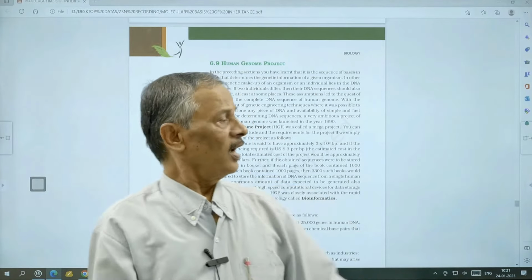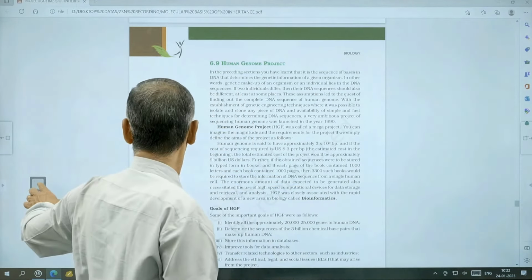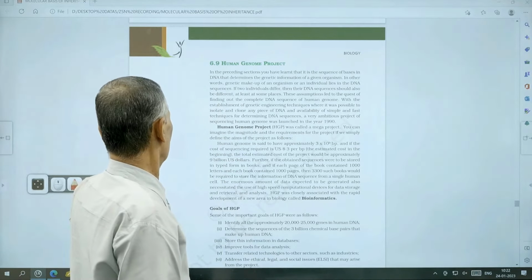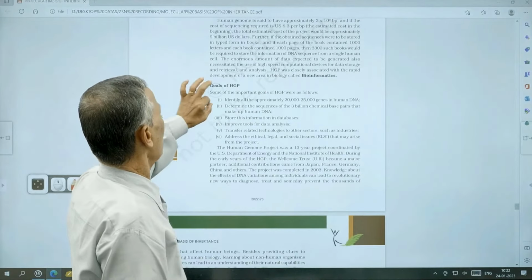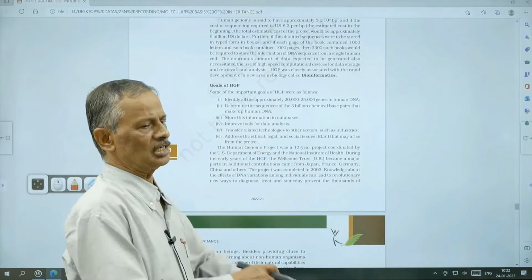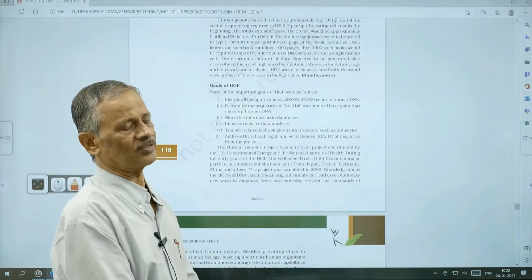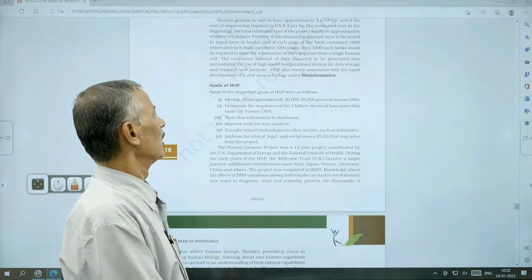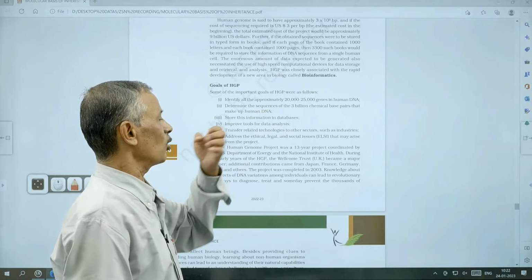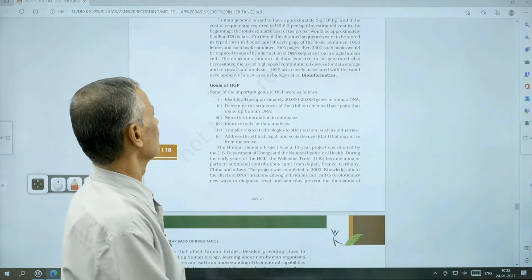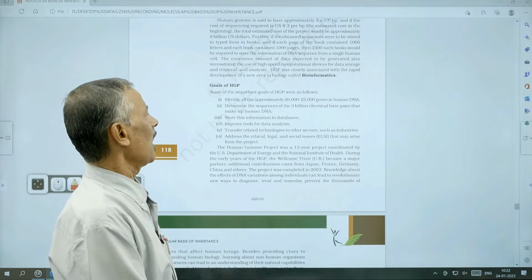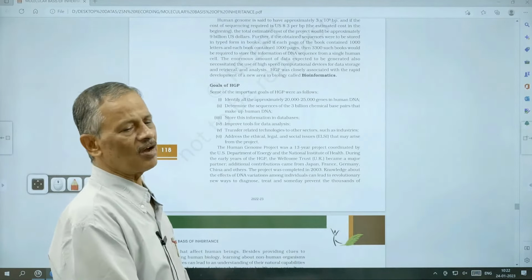Okay. And what are the aims or goals of this project? We have to identify all the nitrogen bases. What is the correct number of nitrogen bases present in our entire genome? We estimated that there will be 3.3 billion. Is it correct? What actually is the correct number? And identify how many genes are present.